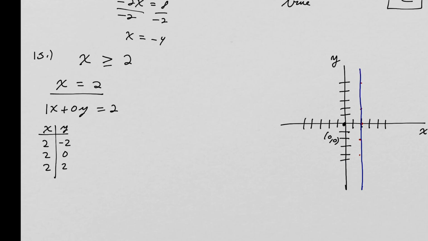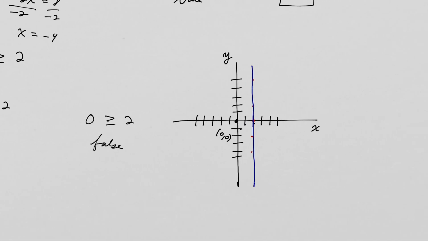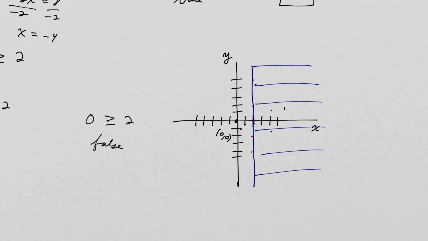So now if I go back in and I plug in 0 for x and 0 for y, well, there is no y, so I don't have to worry about it. So 0 for x is greater than or equal to 2. That is false. So therefore, the opposite side should be shaded. So it should look like this. So in this case, it looks like D would be the correct answer.